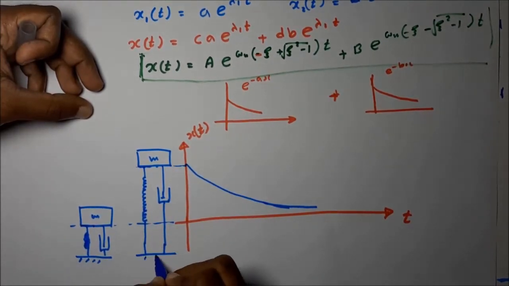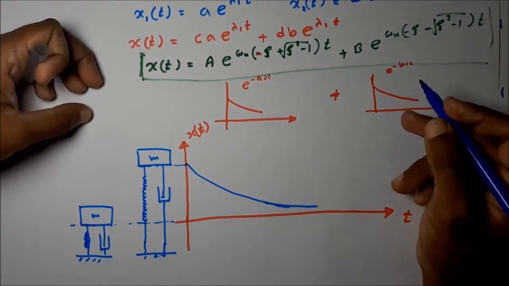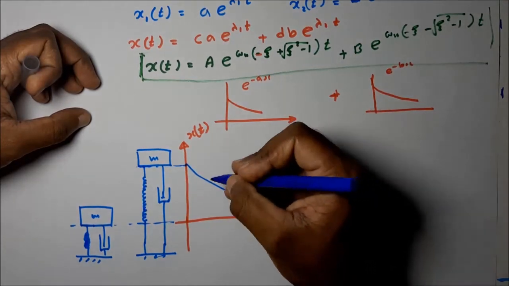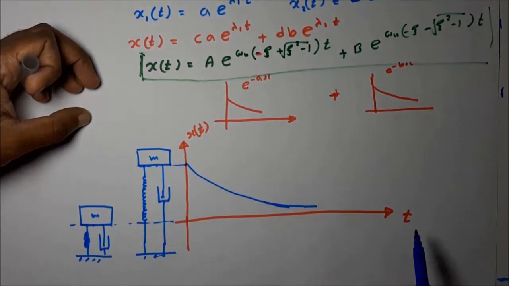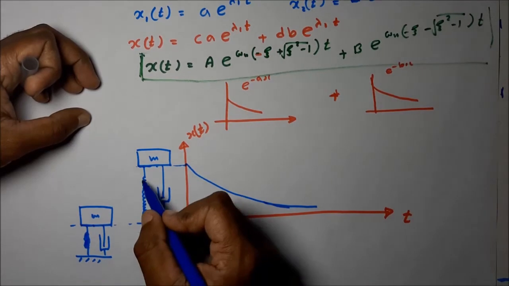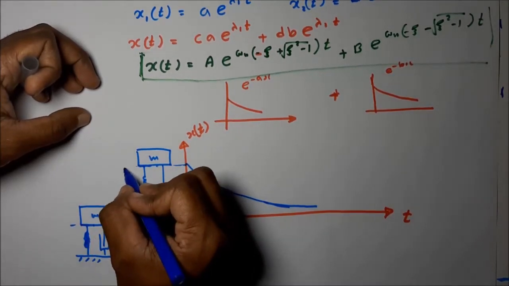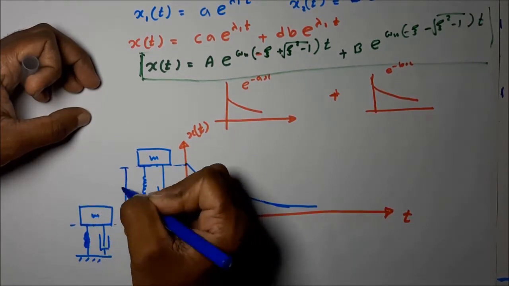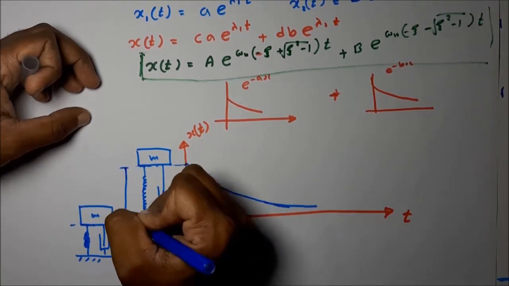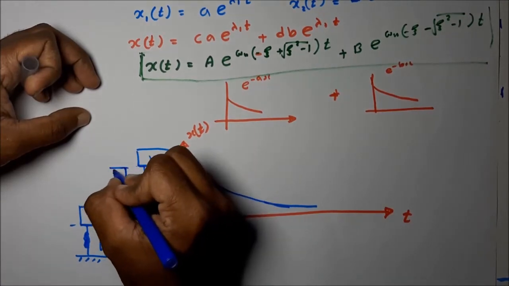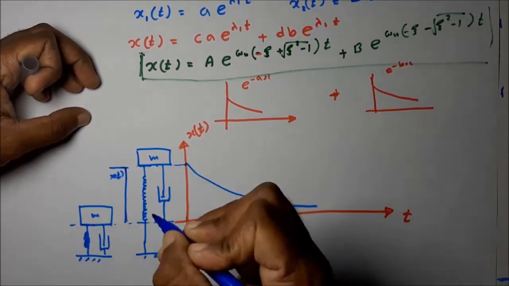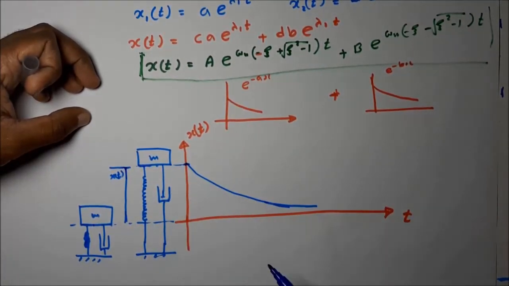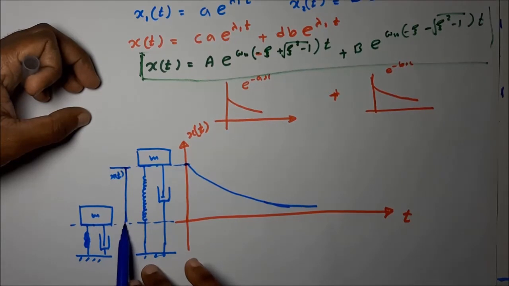Then what happens if we release from this position? If we release from this position, it follows this path. With time, the displacement x(t), if we measure the displacement from here, and this is positive, this is how x(t) is varying.